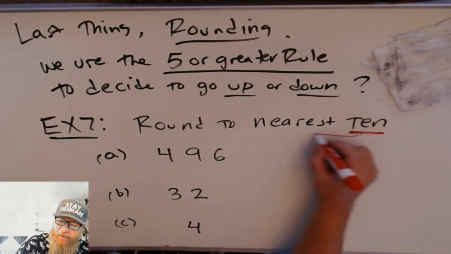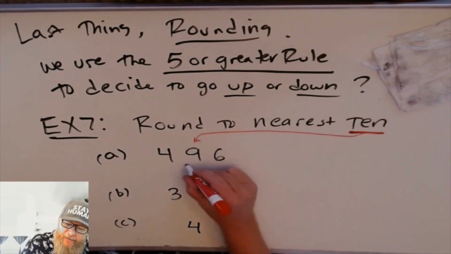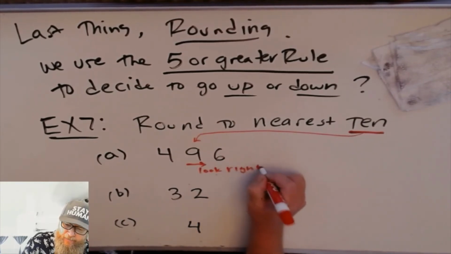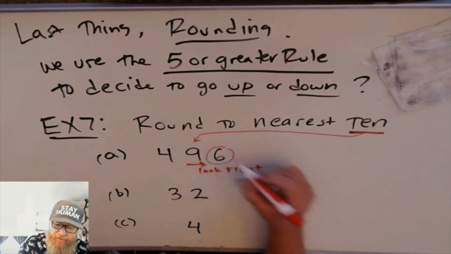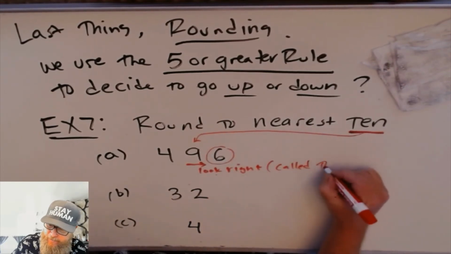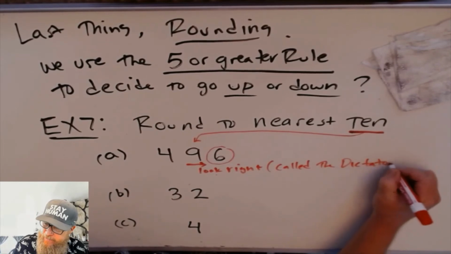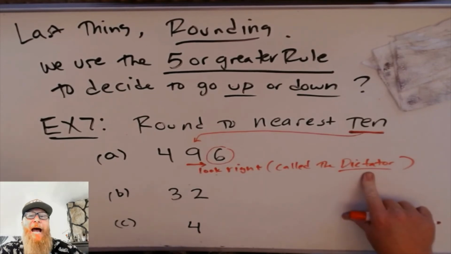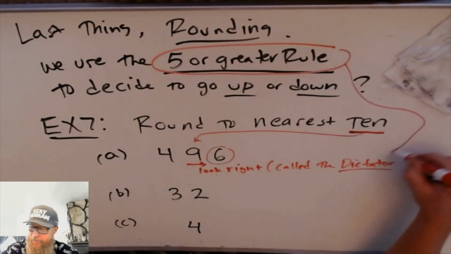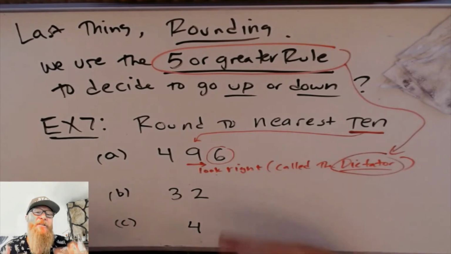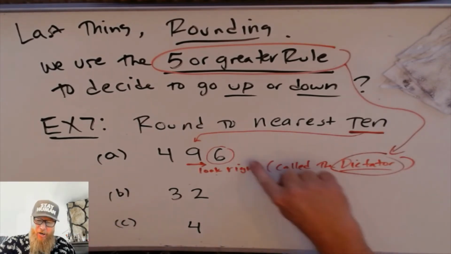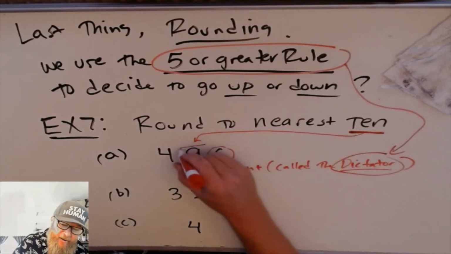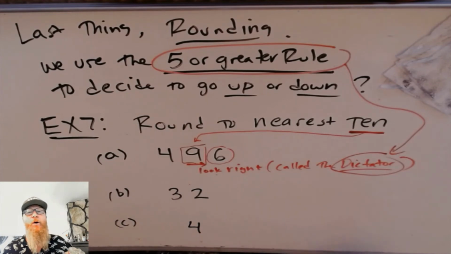So you want to look at the tens place, okay, and then look to the right. This number is called the dictator. The dictator dictates what's going to happen based on the 5 or greater rule. They're the boss. They're the supreme fascist. So if that number is greater than 5, then round the next number, the 9, up 1 unit.